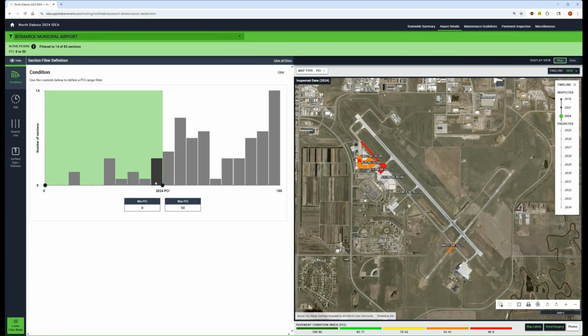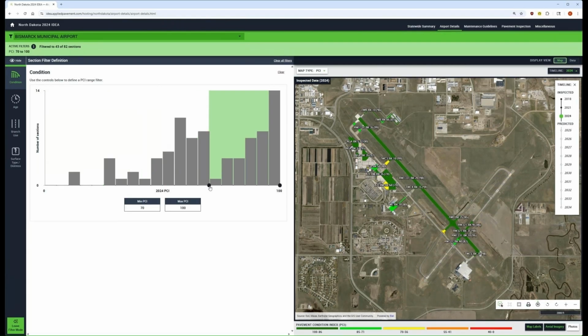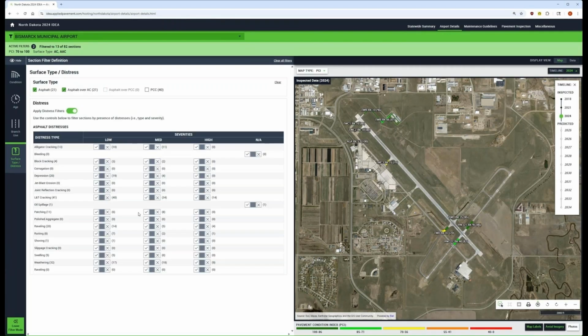Another example: you can compound these filters by selecting multiple things. I will switch this back to 100. Now I'm going to look at just pavements that have a PCI of 70 or higher. And I also would like to look at any asphalt surfaced pavements that do not have alligator cracking or rutting.